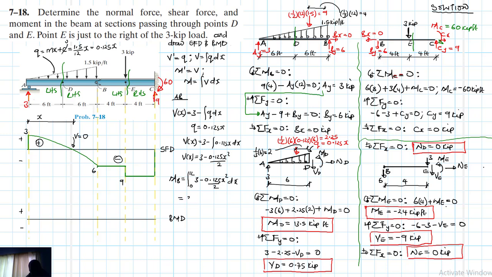And if we integrate that, we'll have 3x minus 0.125 x cubed divided by 6, integrating from 0 to 12. If we evaluated this, we should get a 0. So 3 by 12 minus 0.125 by 12 cubed divided by 6.